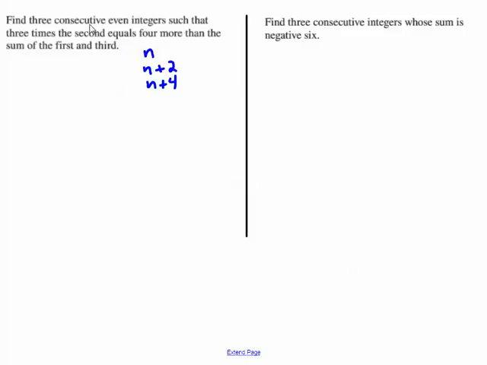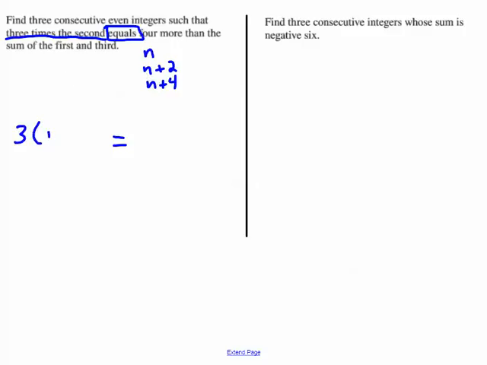We've defined them such that 3 times the second equals, all right, well, there's my equal sign. I'm going to say equals right there. 3 times the second, that's on the left side of my equation. What's the second one?